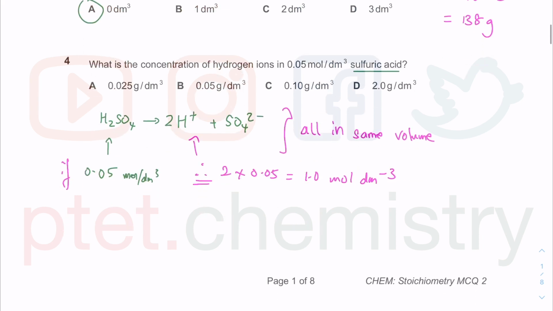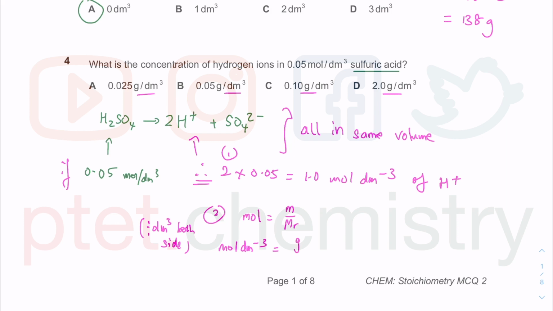Now this is of H plus, but be very careful, they want 1 gram per dm cube. This is the concentration of H plus in mole per dm cube. We know that mole is equal to mass over Mr. If you have mole per dm cube, you just divide by dm cube both sides. That is how I always remember this formula.